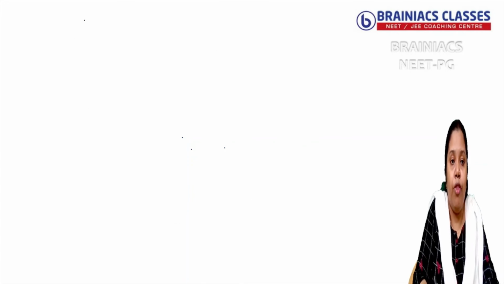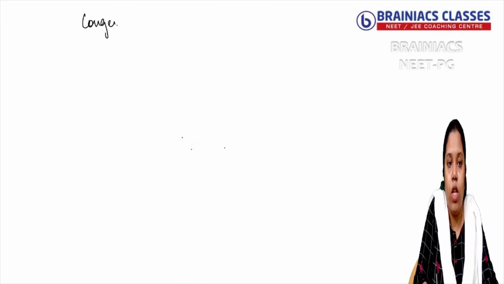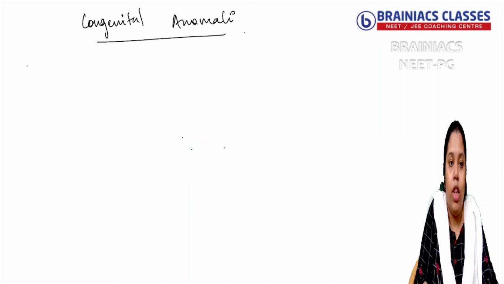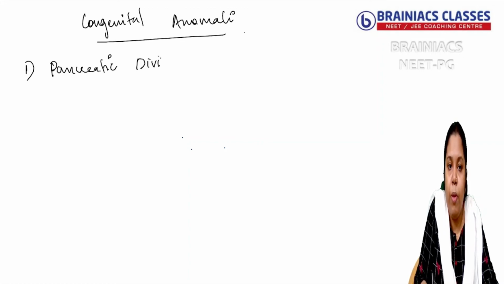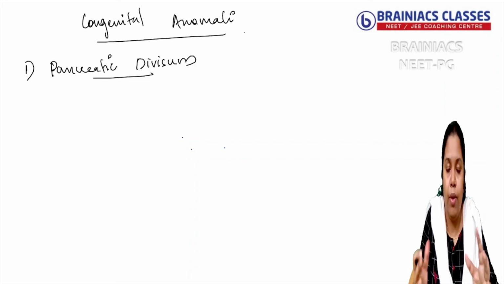Now coming to some of the congenital anomalies associated with the pancreas. The first one is pancreas divisum. What is meant by pancreas divisum? Here both lobes are separated, that is, they are not fused together.